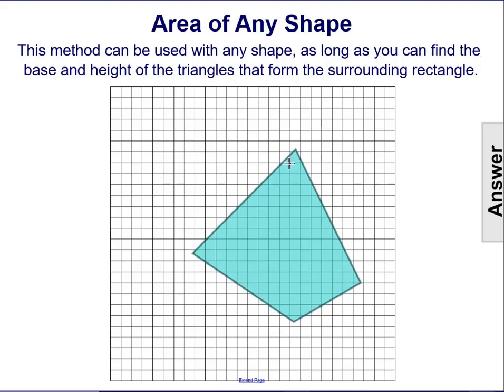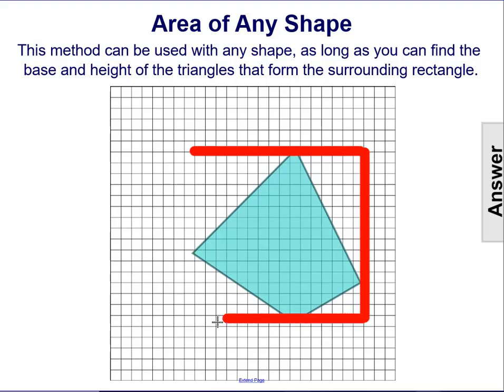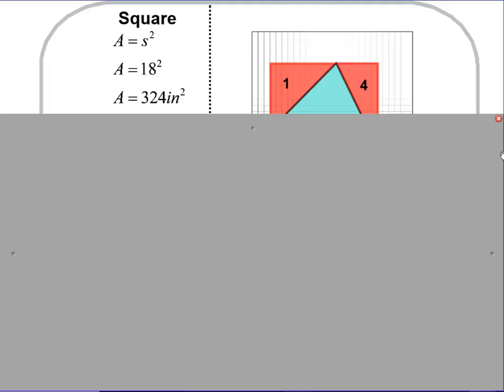So let's go ahead and make a rectangle around this shape. So when I create this rectangle, it actually ends up being a square that I have created that has side lengths of 18. So I find the area of this square, 18 times 18 is 324 inches squared.